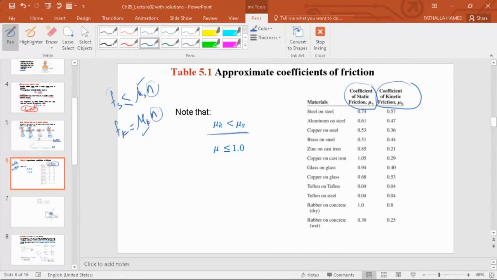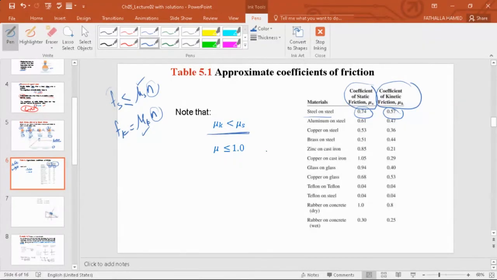The coefficient of kinetic friction is less than the coefficient of static friction. So if you take a block made of steel and you move it on a table whose surface is made of steel, and you measure the coefficient of static friction, it's equal to 0.74, but the coefficient of kinetic friction is 0.75, which is less.